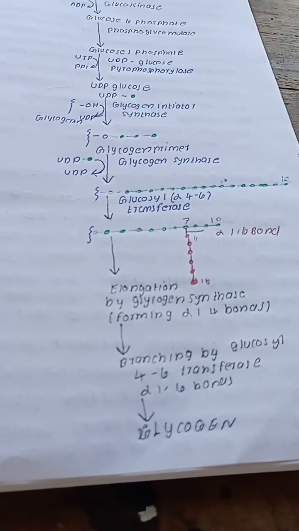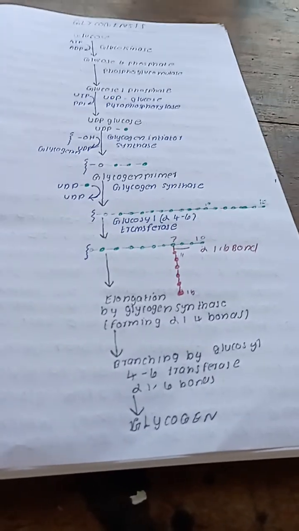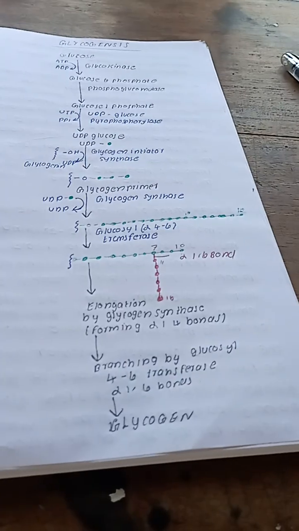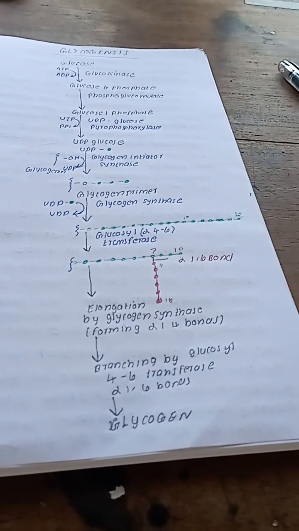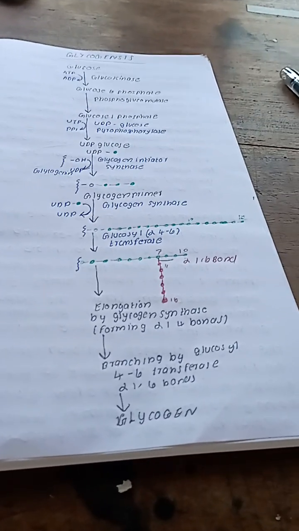This enzyme makes branches after 8 to 9 residues, forming alpha 1,6 glycosidic bonds. Then the enzymes repeat this process of elongation and branching, forming glycogen.